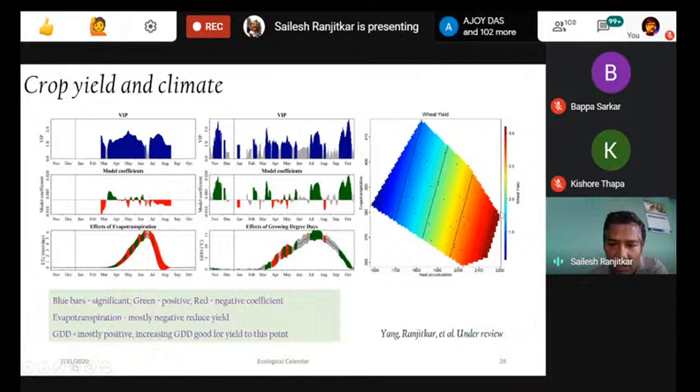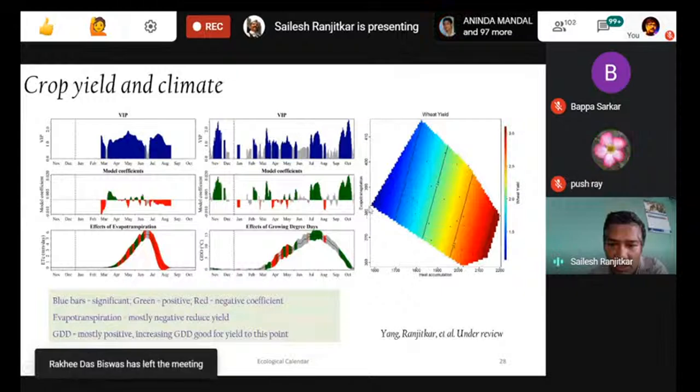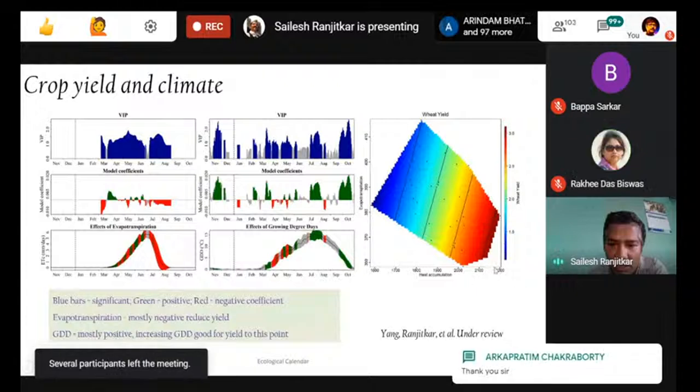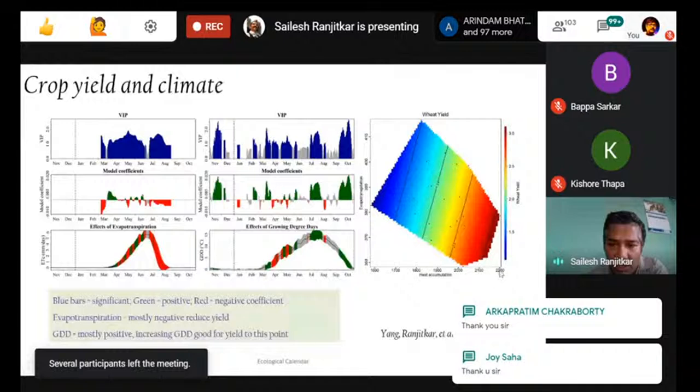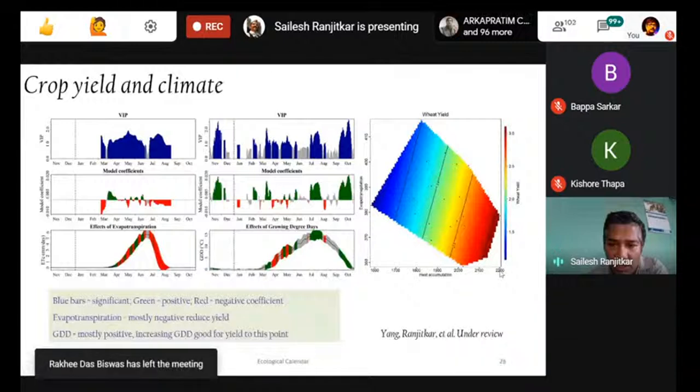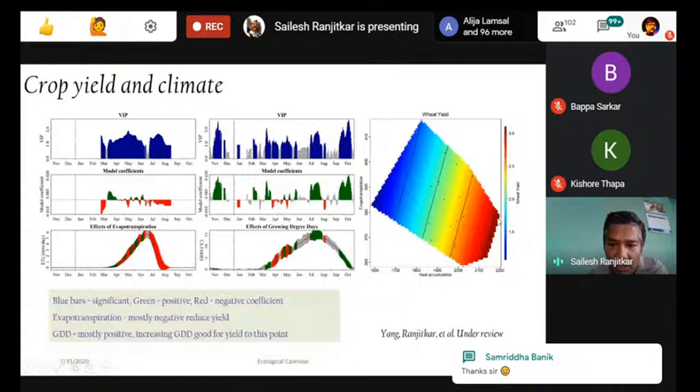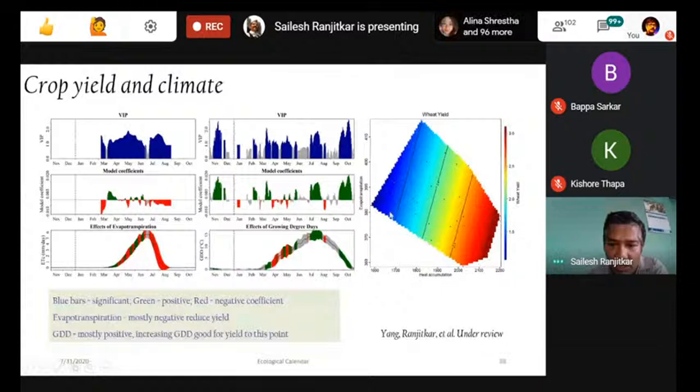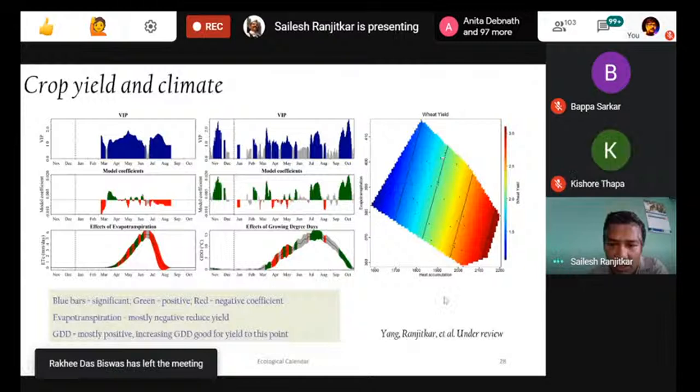But if evapotranspiration exceeds around 380 millimeters per year, and heat accumulation exceeds around 2200 degrees Celsius, then that is kind of an extreme point for yield. Beyond that, or if evapotranspiration increases above that, yield will decline constantly. This is a finding from our crop model yield study, which is now under review.